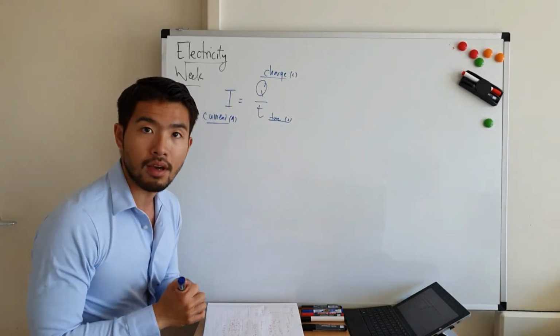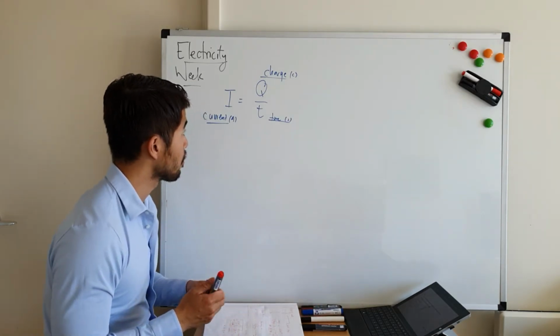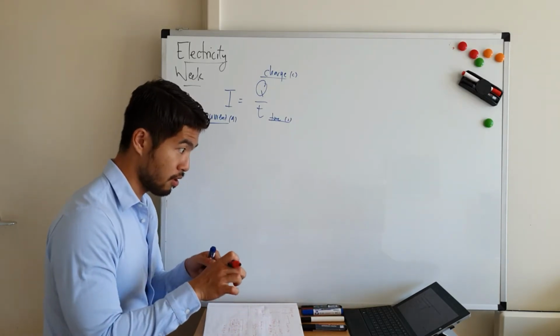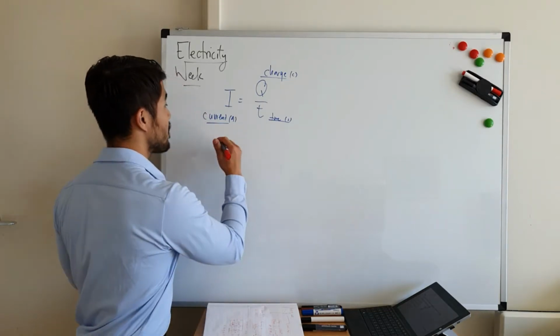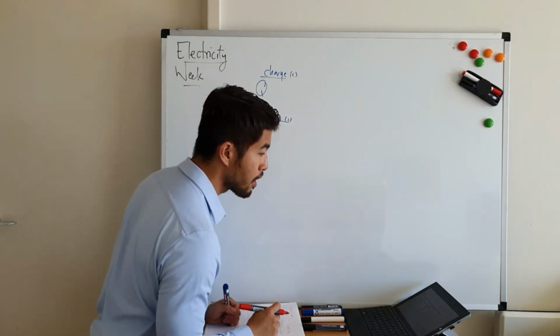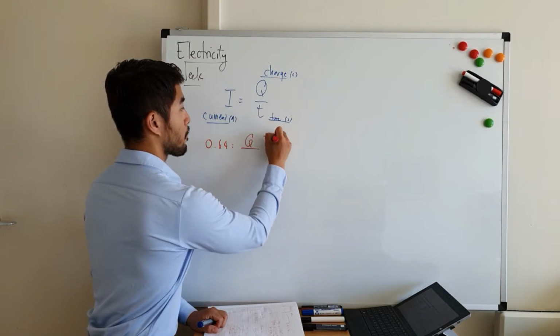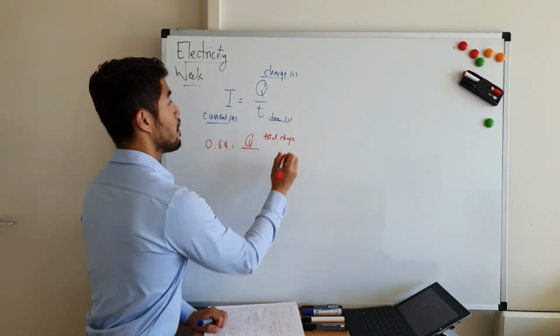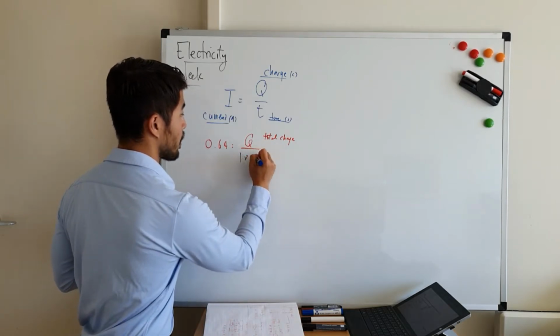So let's begin by substituting the numbers in the equation. This is 0.64 A, charge is what we're trying to find, this is the total charge, and the time will be 1 minute, so 1 times 60.